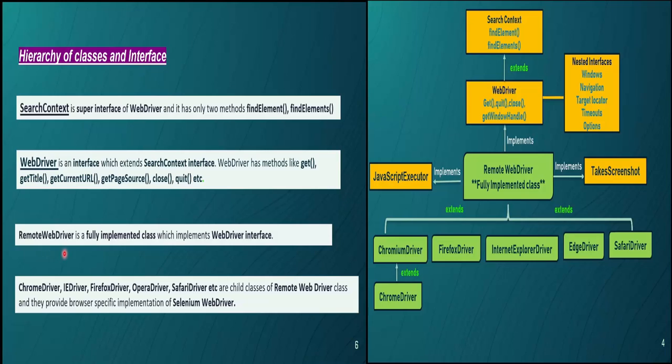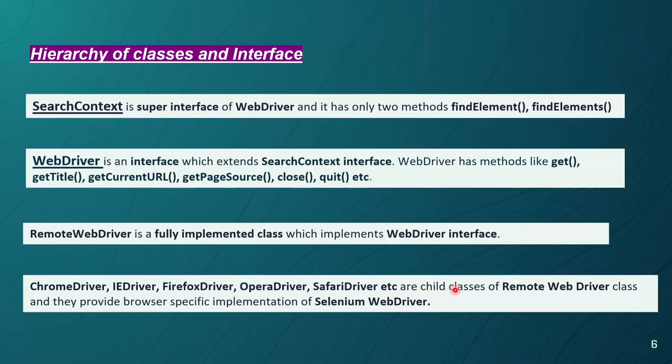Then RemoteWebDriver is a fully implemented class which implements the WebDriver interface. Then we have the ChromeDriver, the InternetExplorerDriver, the FirefoxDriver, Opera, SafariDriver. All these are child classes of the RemoteWebDriver class, and they provide the browser-specific implementation of the Selenium WebDriver. So these are the hierarchy of the classes and the interfaces of the Selenium WebDriver.